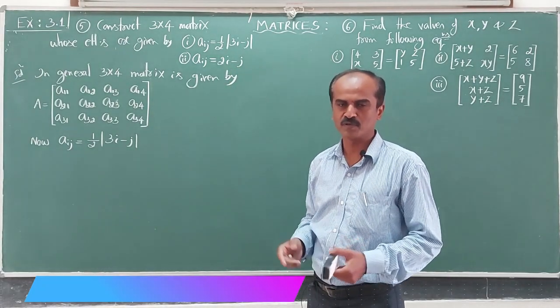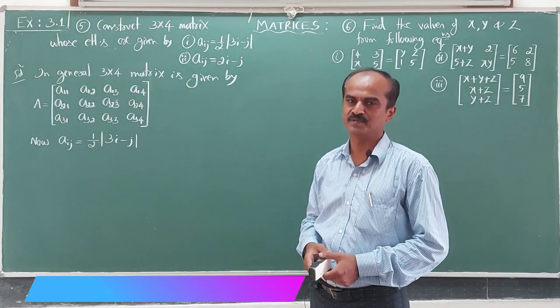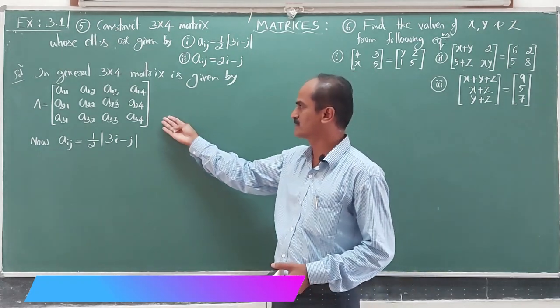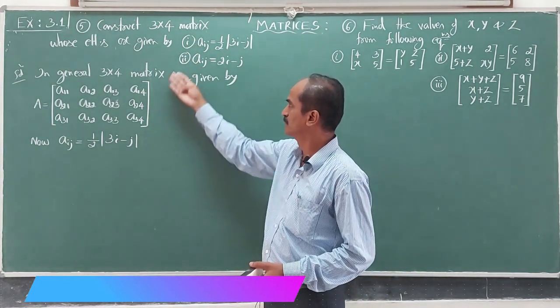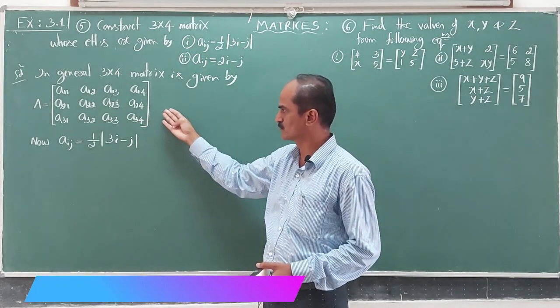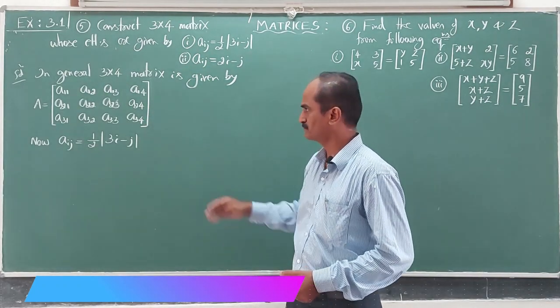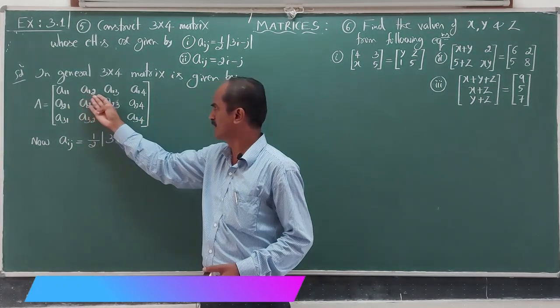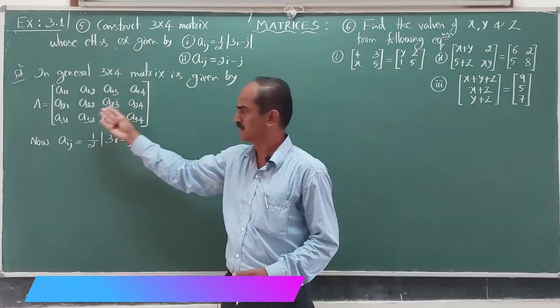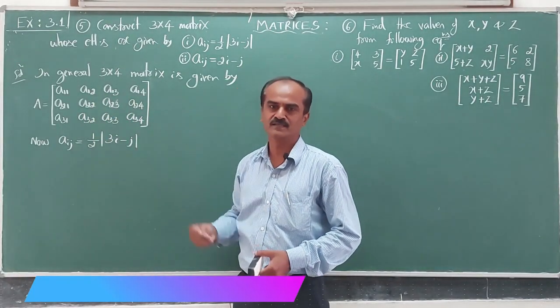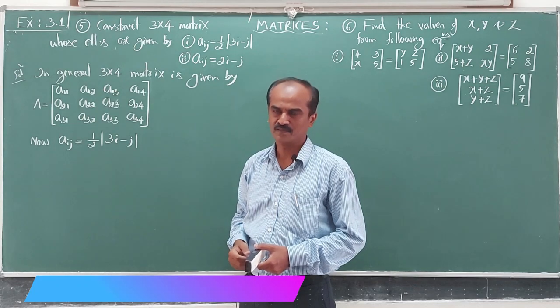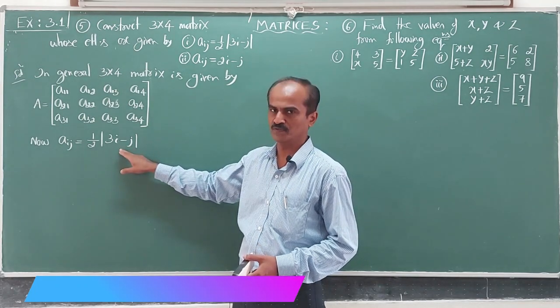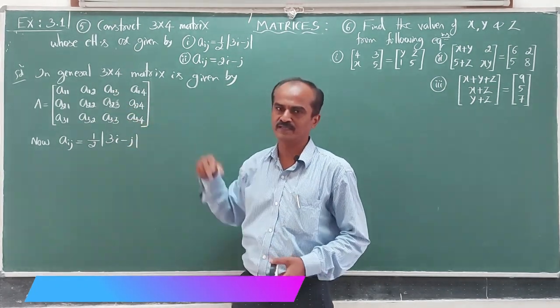As usual, first I have to write a general matrix of required order, that is 3 by 4 matrix, 3 rows, 4 columns. First row elements A11, A12, A13, A14. Similarly, second and third row elements I have written. Now let me make use of this rule to find out all these elements.